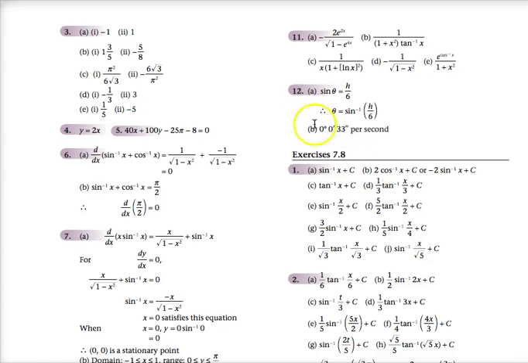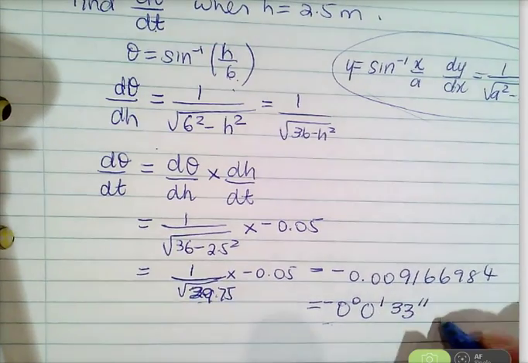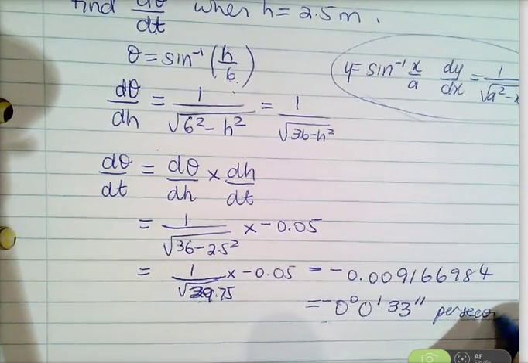Let's just check this answer. Yes, it's 0 degrees, 0 minutes, 33 seconds per second. But this second here is angular measure. That 33 seconds is angular measure. This per second there is time measure. So it's 0 degrees, 0 minutes, 33 seconds per second.